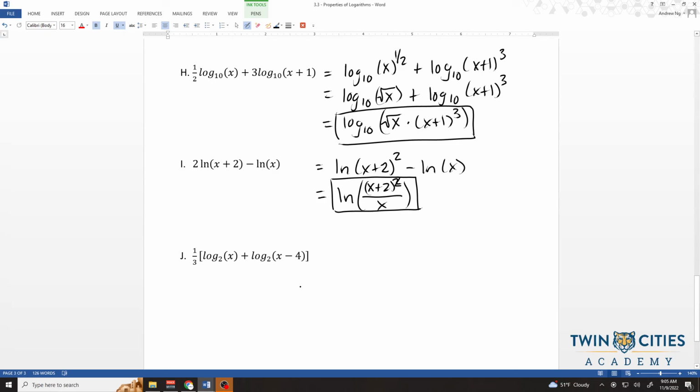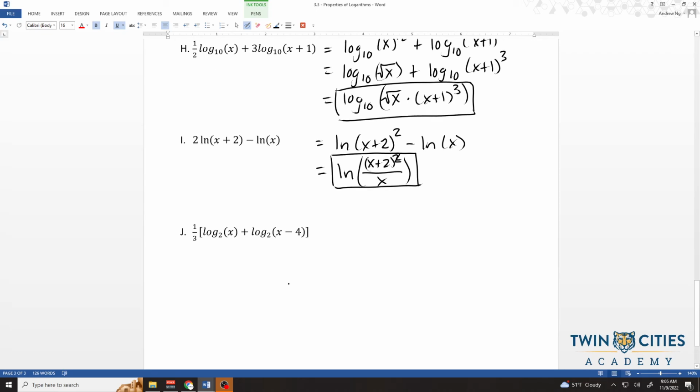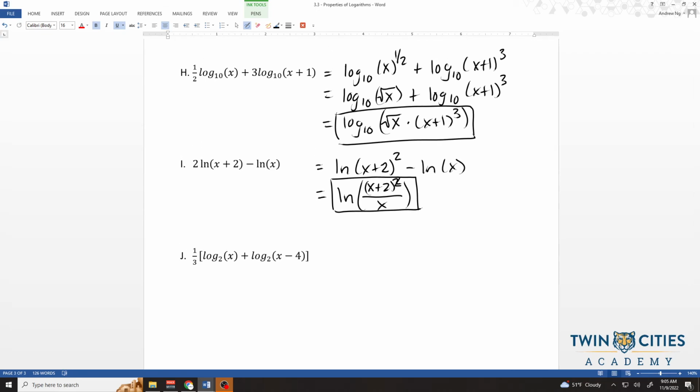All right, lastly, I've got 1/3 times the logarithm base 2 of x plus log base 2 of x minus 4. First thing I'm going to do is take this 1/3 as a coefficient, and let's make this be a power over here.